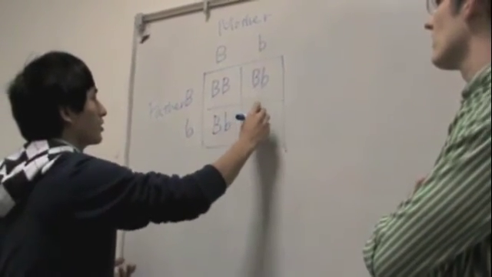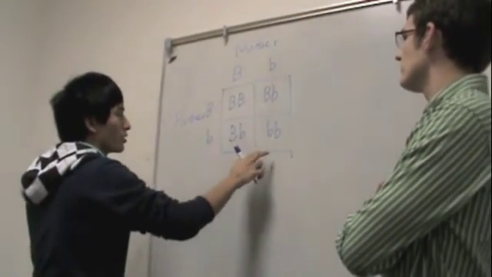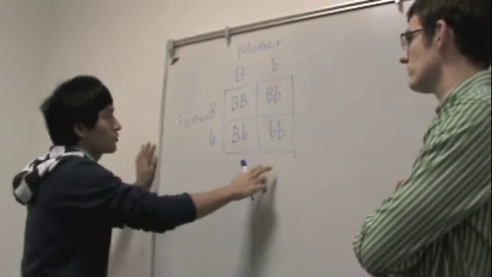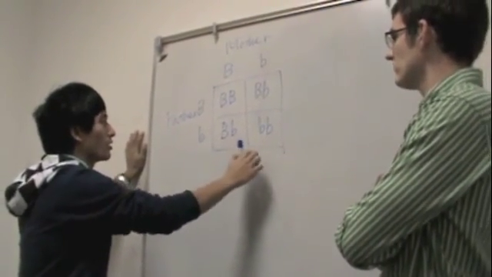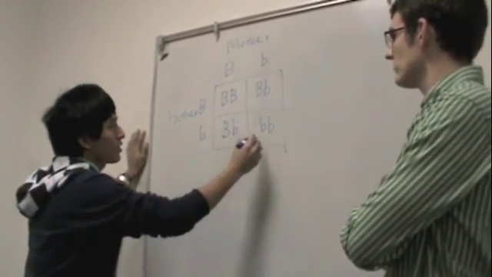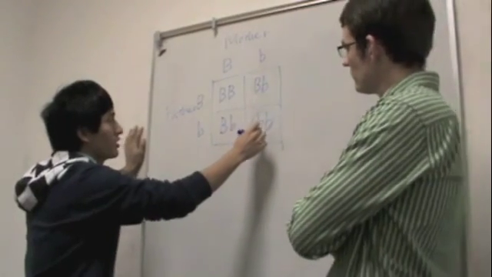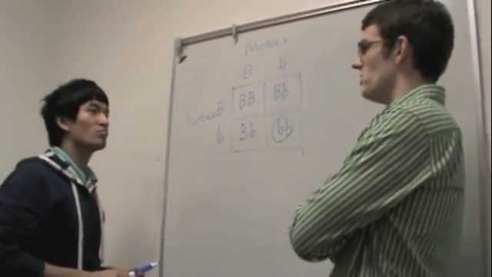Only when there are two recessive alleles will they show the recessive trait. So that's why your brother Robert is the only one different from all of you guys. Good job.